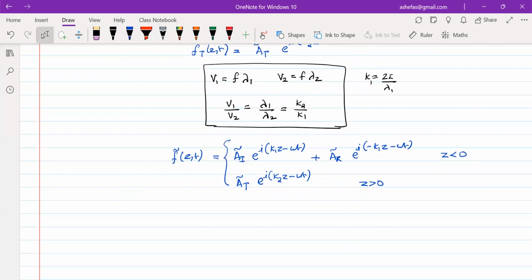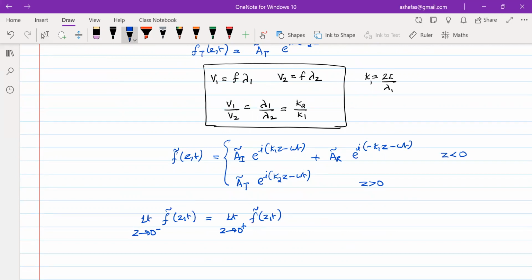Now this complex wave function must be continuous at the boundary, and its first derivative should also be continuous at the boundary. That means f tilde of z, t in the limit z tends to 0 minus would be equal to the limit z tends to 0 plus of f tilde of z, t.